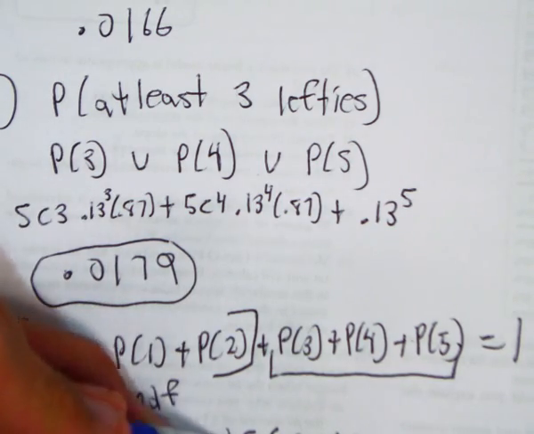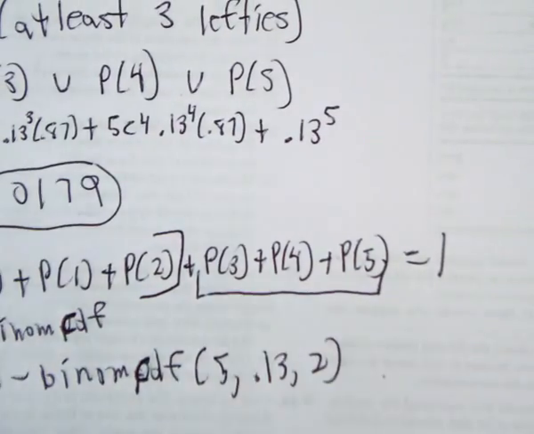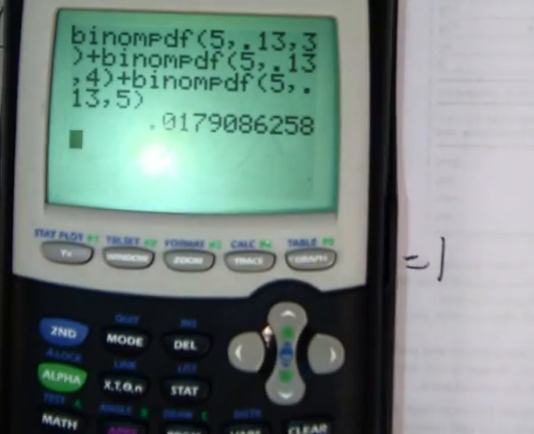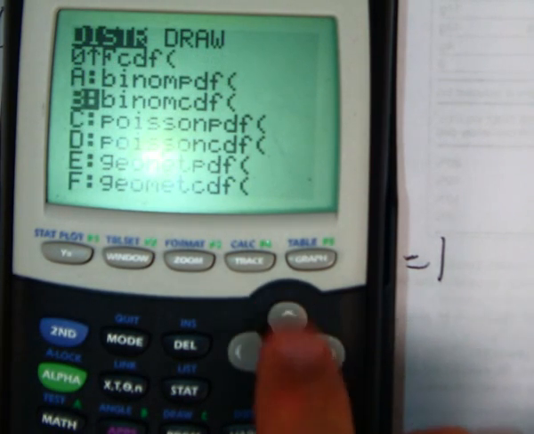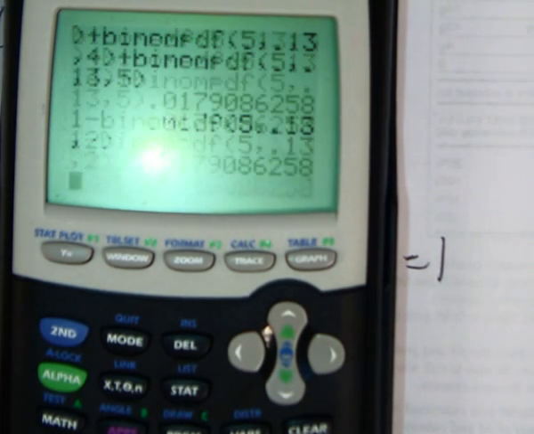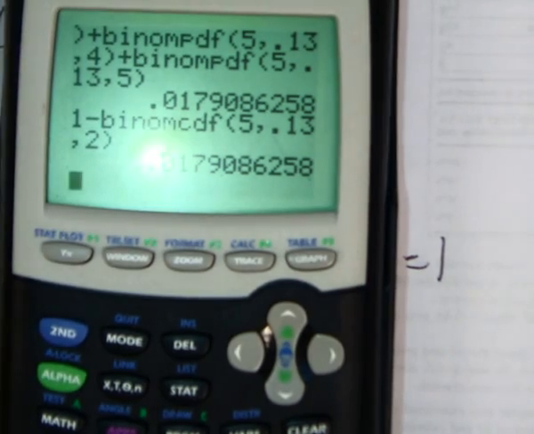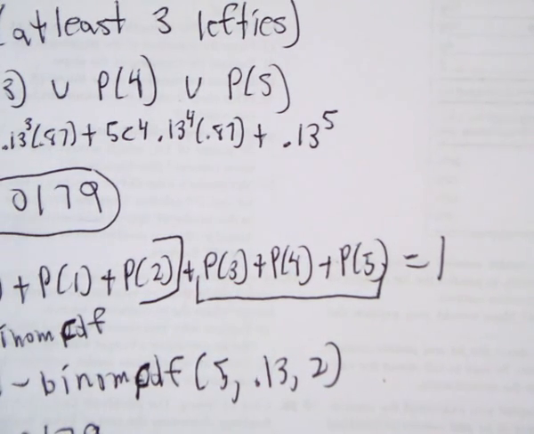Sorry, this is CDF, not PDF. This is CDF. And then I would do up to 2. Okay, and I should get the same thing. So let's see what happens. We do 1 minus binom CDF 5 comma 0.13 comma 2, and we should come out with that exact same thing, and we did, 0.0179. So that worked out. Either way is fine. Okay.